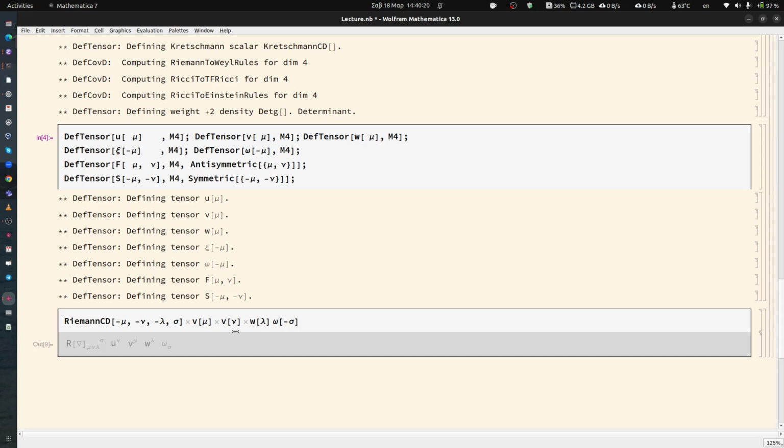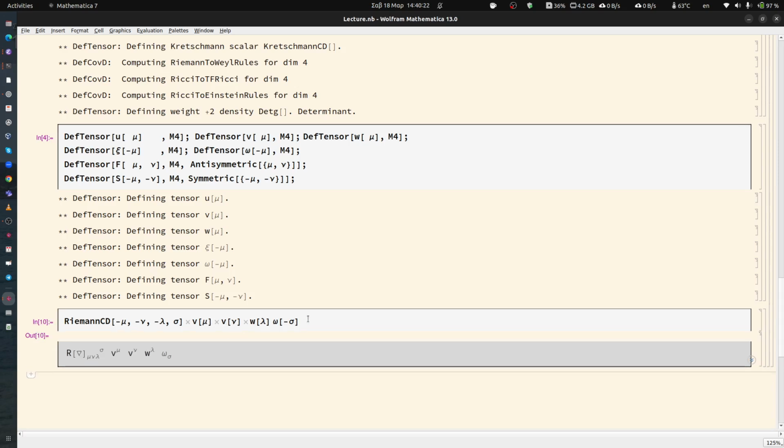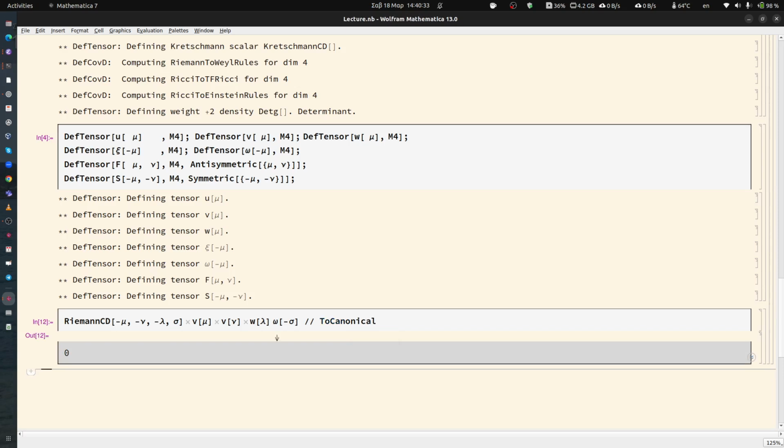Now, if I evaluate this expression, that will not be equal to 0. In order to apply the symmetries, I have to use the function ToCanonical. And then you see that this expression is simplified to 0.